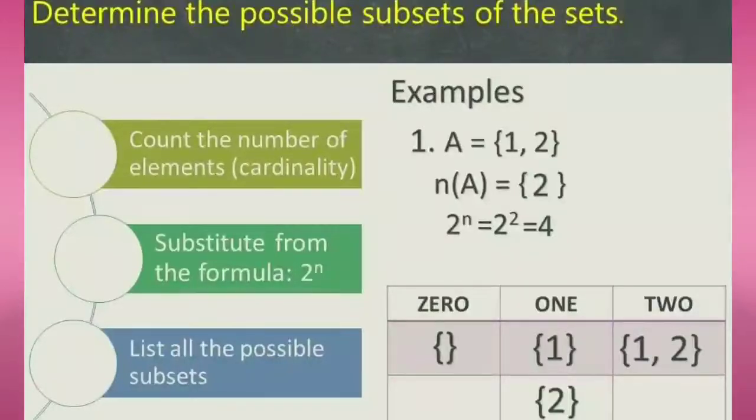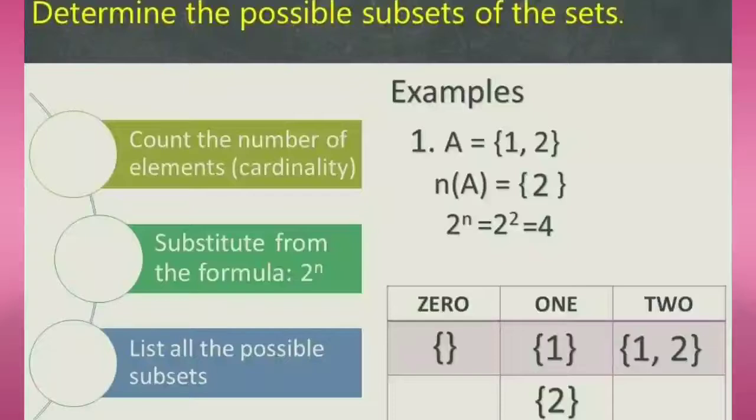We have 2 because of the elements 1 and 2. So how many subsets can we get from the given set? Okay, based on the formula 2 raised to n, we substitute the value of n. We have 2, the value of n, raised to 2, is 4. The answer is 4.